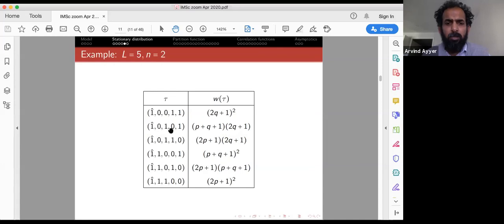Now if you look at this second configuration, for this 0, there are 2 ones to its right. So I get 1 plus 2q. And for this one, there's 1 one to the left and 1 one to the right. So I get 1 plus p plus q. Similarly, and so on, you can see. This is a very nice explicit formula for the stationary probabilities.